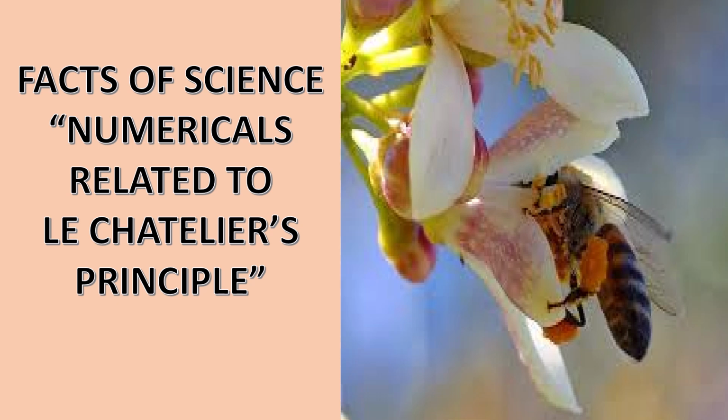This is called reversible reaction. So Le Chatelier's principle states that if a system at equilibrium is disturbed, the reaction takes place in forward and backward direction. In this video, I will tell you how to solve numericals related to Le Chatelier's principle.